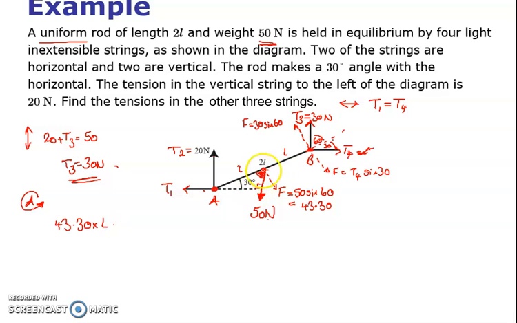Now that one is a clockwise force. And I actually think this one's a clockwise force as well. So I'm going to add on to it the T4 sine 30. And I think that's got to be equal to this one, because this one will drag it round this way. This is the anticlockwise force.